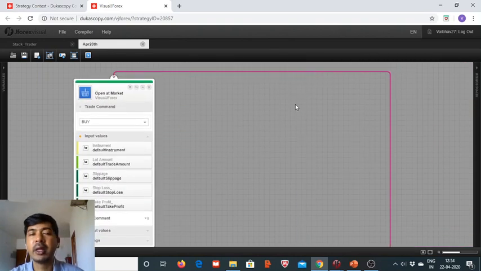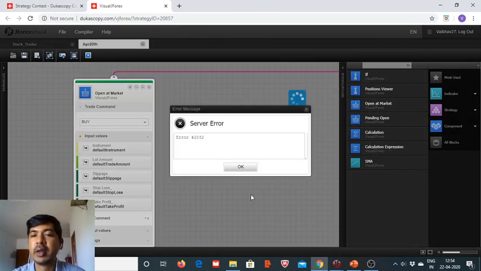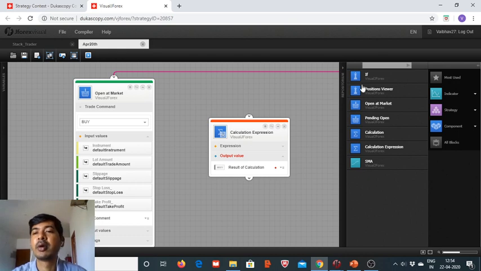So that's the case. Now let's bring in a further calculation expression, as we will need to define the entry point. That's what happened here. Calculation expression. Okay, we got it.